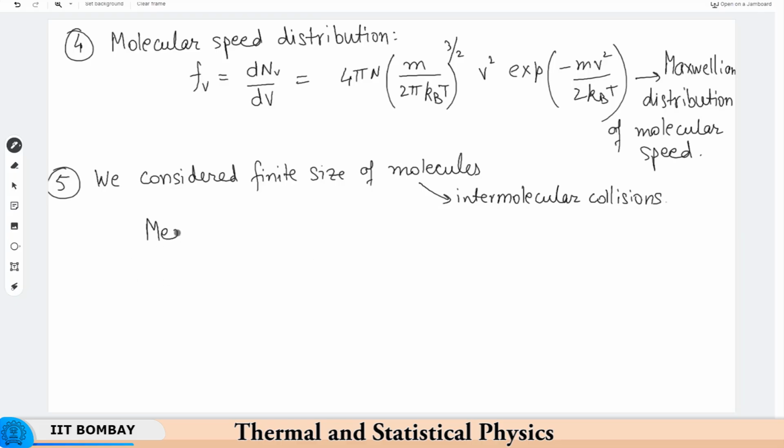So mean free path, which we defined as the average distance a molecule moves between two successive collisions, right? And we saw that it scales as follows, where n is the number density of the gas molecules and d is the diameter of those gas molecules.